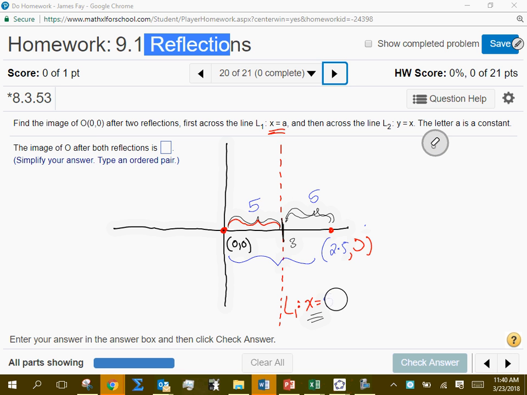Well, I see a pattern here. If that's A, what is this? A. What is this? A. And this would be 2 times A. So that is the ordered pair for that point when I just have this arbitrary line, x equals A. Does that make sense?